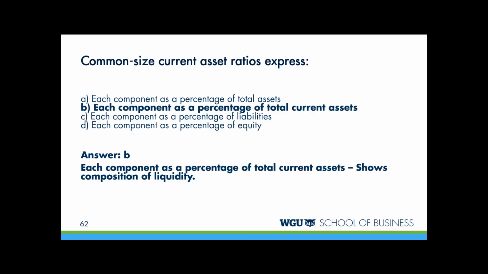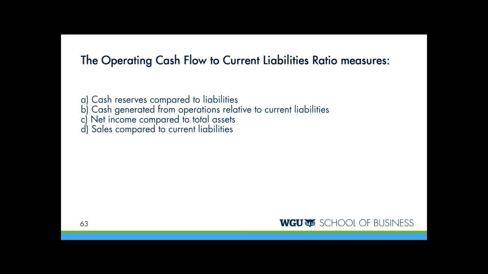Okay, the answer is going to be B. Each component as a percentage of total current assets. It shows the composition of our liquidity. Okay, then we have the operating cash flow to current liabilities ratio. Which one of these is it going to measure?